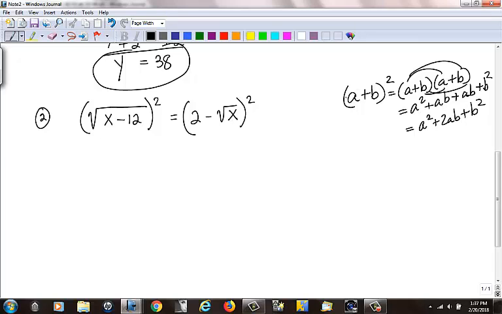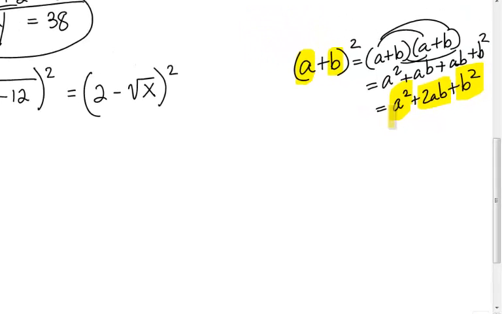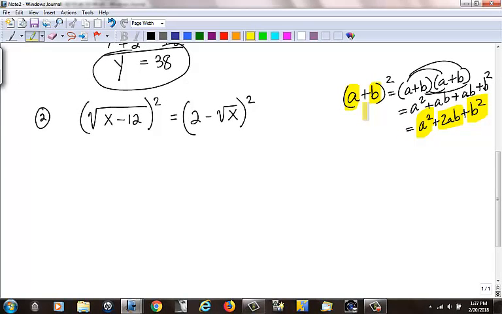Shortcut is square the first one, a squared, multiply these two together, ab, and double it, 2ab, and then square the last one. So the most common error is people say that answer is a squared plus b squared. They leave out the middle term. If you square a binomial, you should always get a trinomial square. You always get 3 terms.